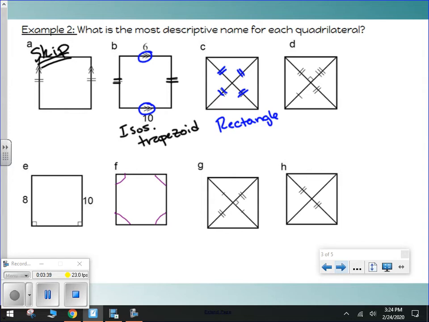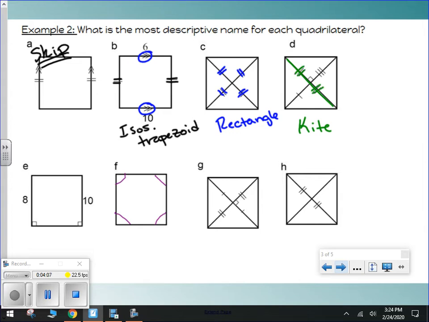A square would be too specific because I would need to know that all the sides are equal, and I don't know that. So a rectangle is the broadest term while also being descriptive. Letter D is a kite because remember, in a kite, only one diagonal is cut in half. So that makes letter D a kite.